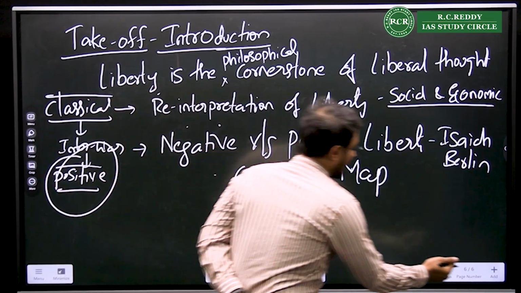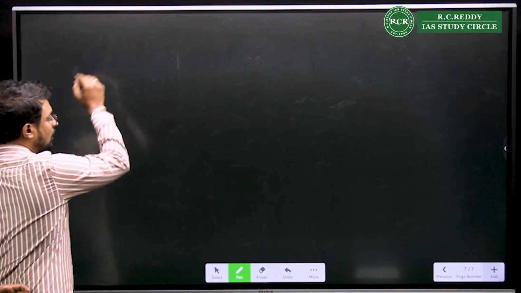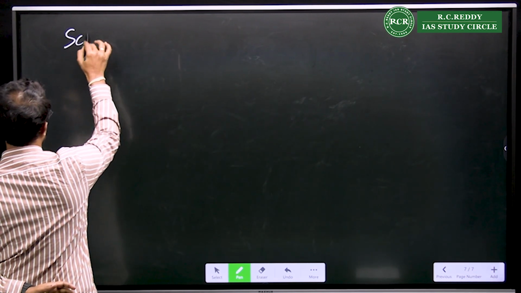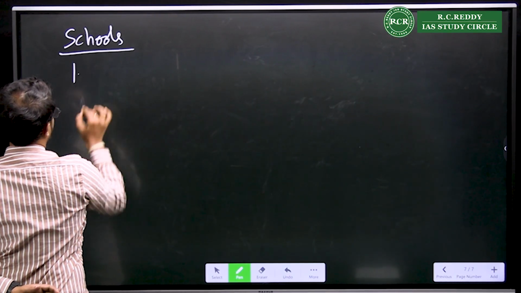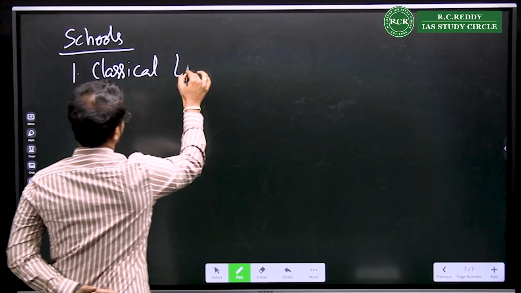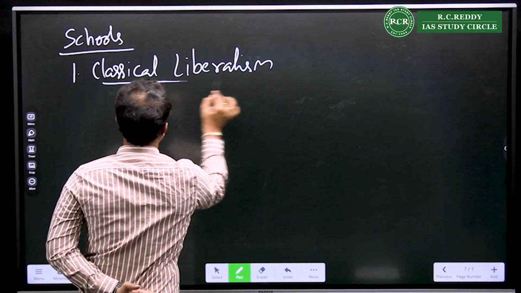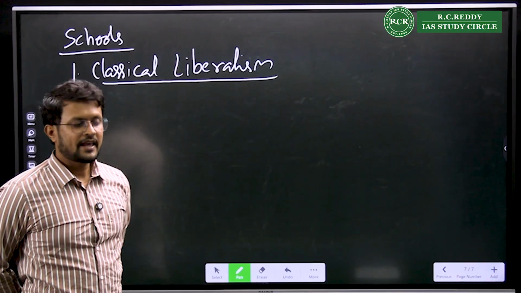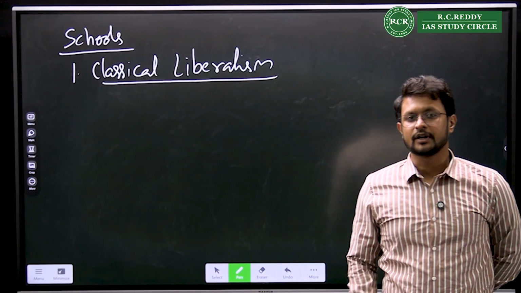From there, we will move to the core of the question, where the different schools of liberalism will be discussed. As I told you, the best approach is to divide it into short paragraphs, get a rough idea of the syllabus, and then get a rough idea of the point and value added.